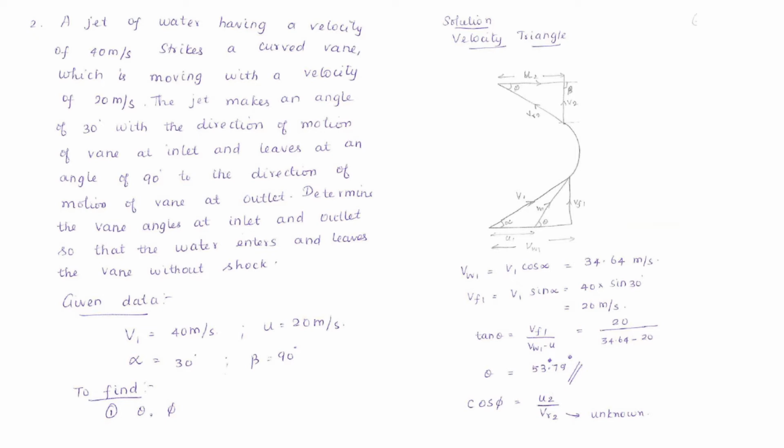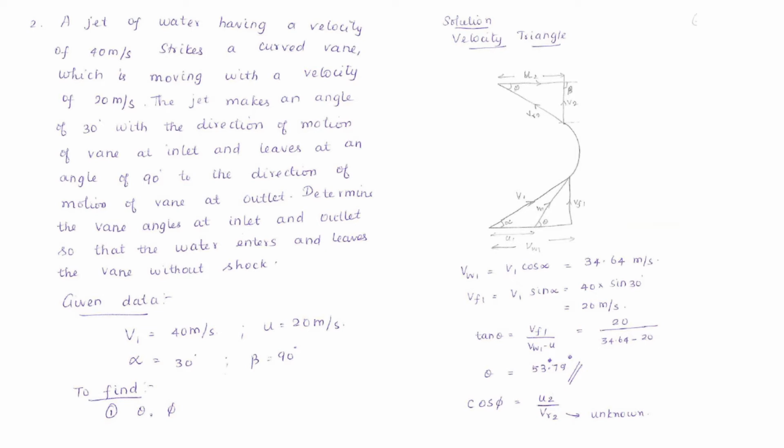Clear? The next is the jet makes an angle of 30 degree. It is striking the vane at an angle of 30 degree. So it is an inlet angle. So alpha is equal to 30 degree. And they have given that it leaves at an angle of 90 degree to the direction of motion of vane at the outlet.